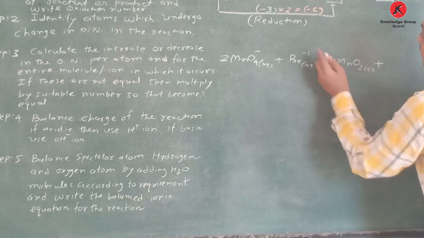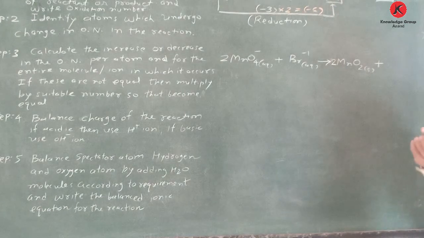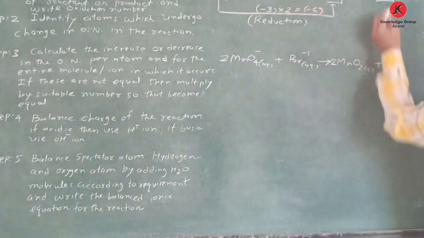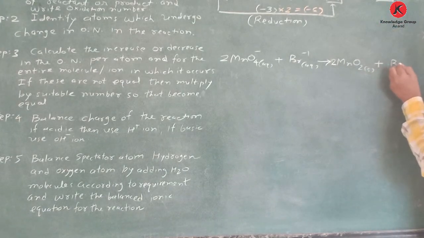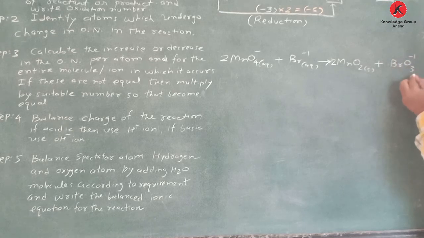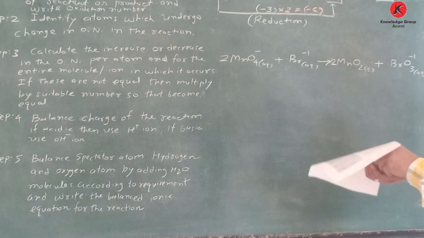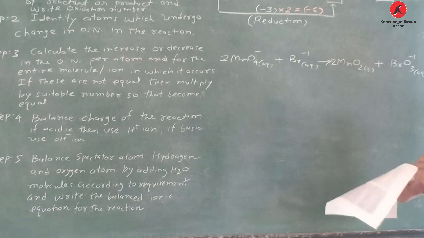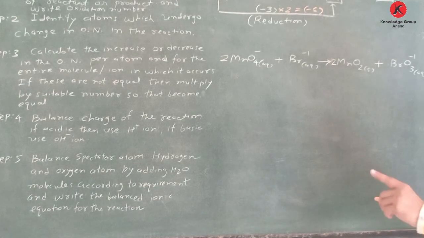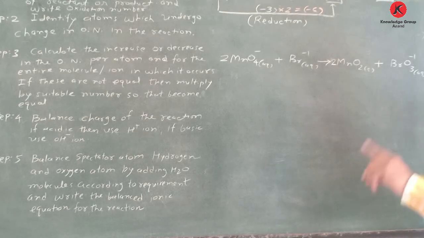Don't forget to write 2, otherwise it is not in balanced form. 2 BrO3 minus 1 aqueous. So this is your balanced reaction according to the change in oxidation number.